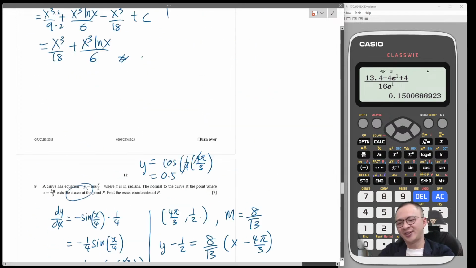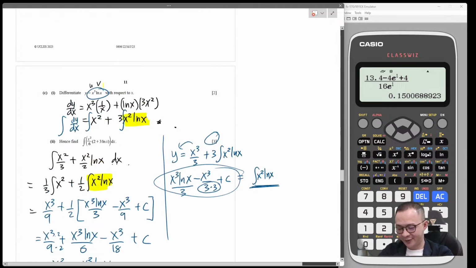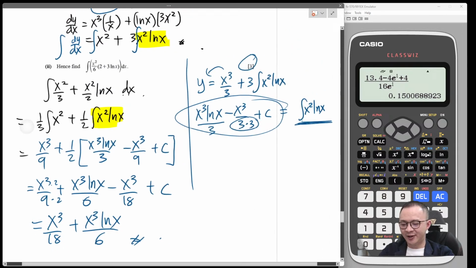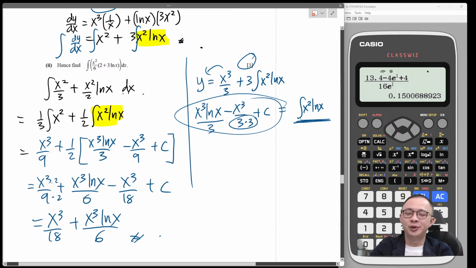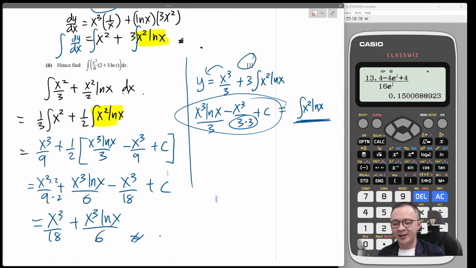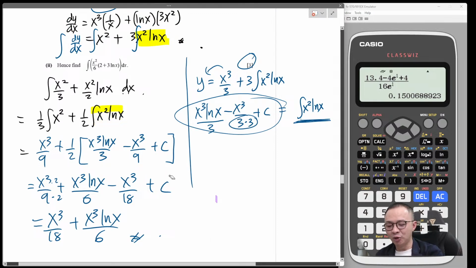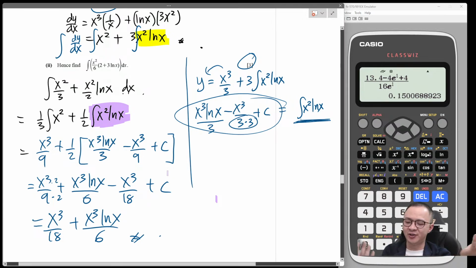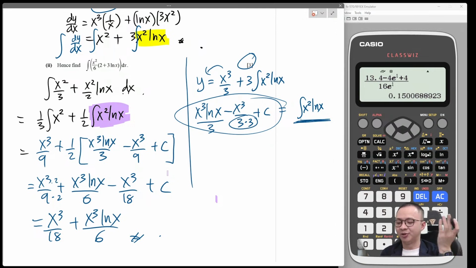So can you re-explain question 7C2? Why? Okay, let me explain, but I'm not going to redo the whole thing because this part is quite tiring. First thing is, in IG, you never learn how to integrate x squared ln x. This is the most tricky part of the whole question, because at a higher level, A level or university, you can definitely do substitution or integration by parts to solve it.